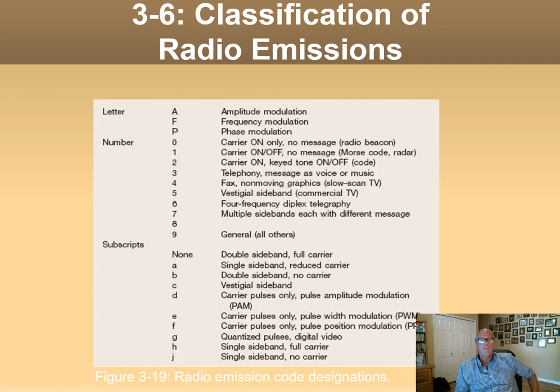I just want you to be aware of them, that the FCC and the industry have a way of identifying or classifying these different radio modulation techniques or systems. So single sideband full carrier is H, single sideband no carrier is J, so on.